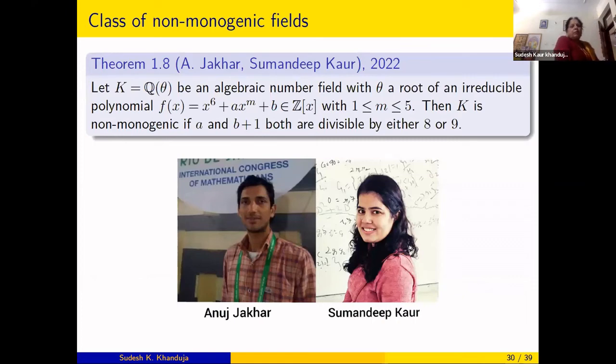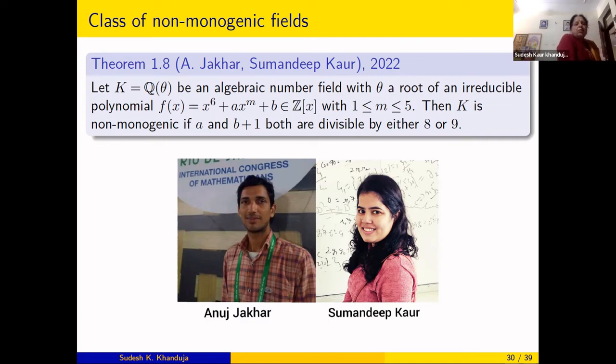In 2022, my former PhD student Anu Jakhar and present PhD student Sumandeep Kaur proved the following. Let K equal to Q(theta) be an algebraic number field with theta a root of an irreducible trinomial of the type f(x) = x^6 + ax^m + b belonging to Z[x], where of course 1 < m < 6.